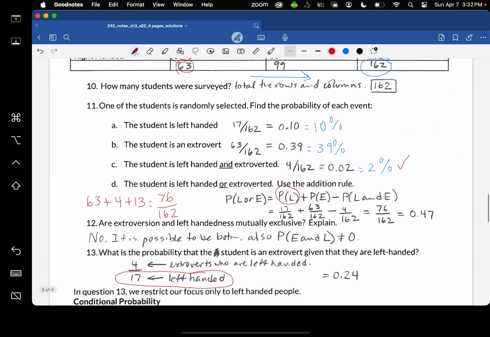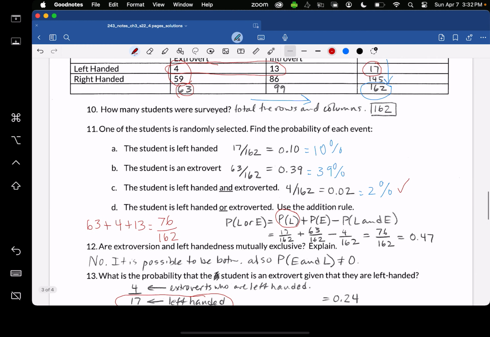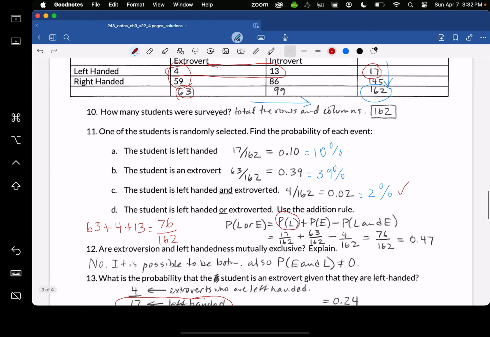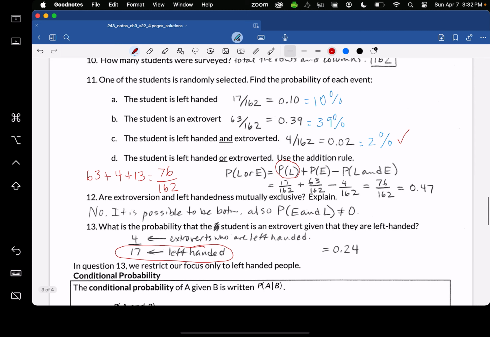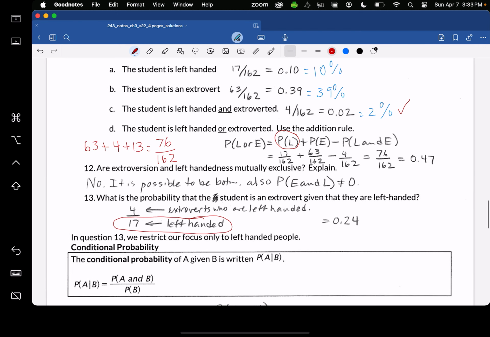So 17 will be the denominator, and extroverts who are left-handed, 4 of those lefties are extroverts. So that gives me 0.24. I do have students who struggle with this, so I would definitely recommend practicing and seeing what your brain does wrong. And don't freak out, just keep trying.